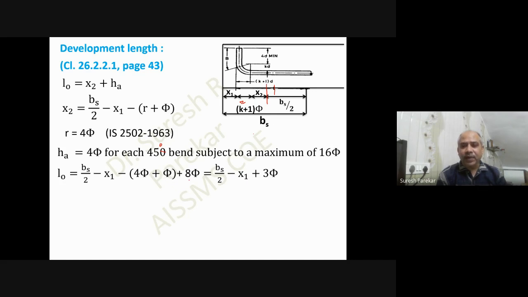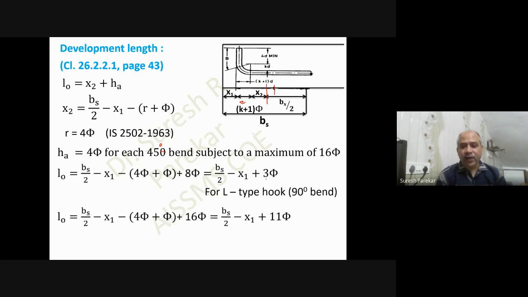That 8 phi we are going to consider because we have a 90-degree bend, and 4 phi into 2 will be 8 phi. So we are going to get L0 as BS by 2 minus x1 plus 3 phi for L type. And if we go for U type, then we have BS by 2 minus x1 plus 16 phi. X1 is the cover, generally taken as 25 millimeter or phi, whichever is greater.